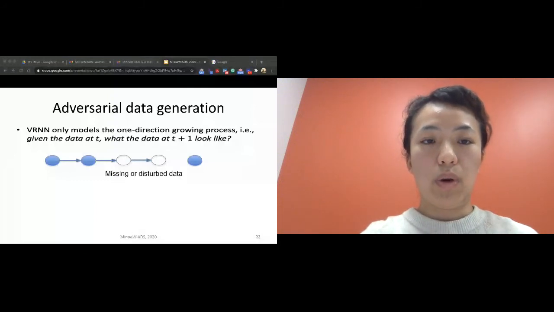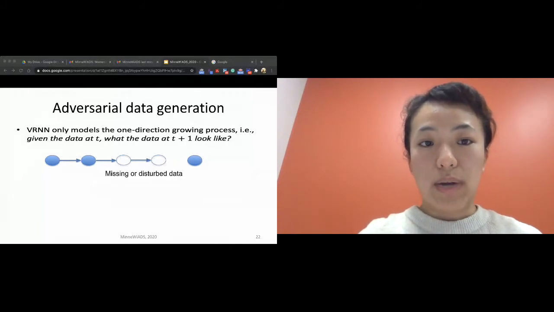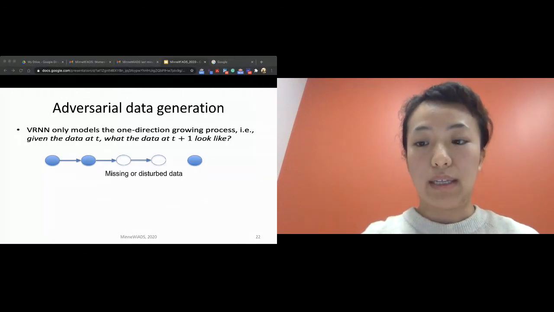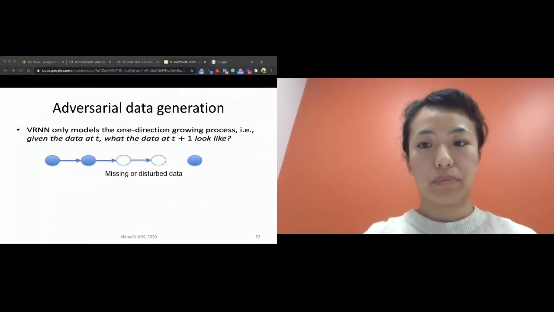So the challenge is how can we ensure the generated data will be consistent with the true values? We can do that by applying an adversarial regularizer, to inform that the generated data wouldn't deviate too much.